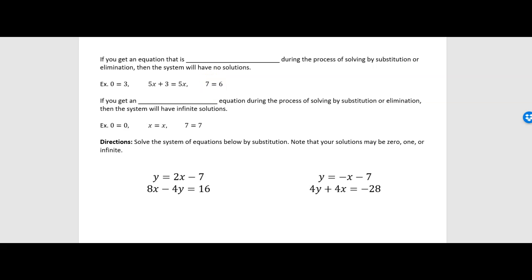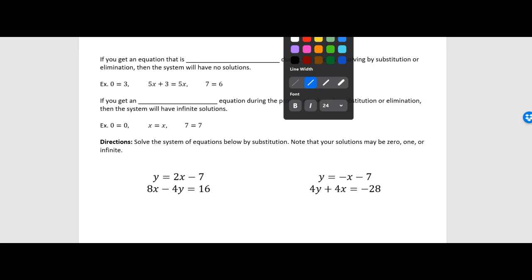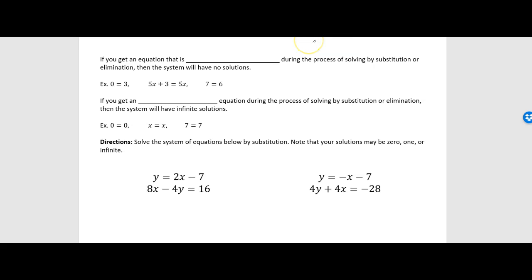So when we're doing substitution or elimination, if we get an equation that is false during the process, then the system will have no solutions. So if at any point you get something that looks like 0 equals 3, or 5x plus 3 equals 5x, or 7 equals 6, those are all false equations. It means the entire system will have no solutions.